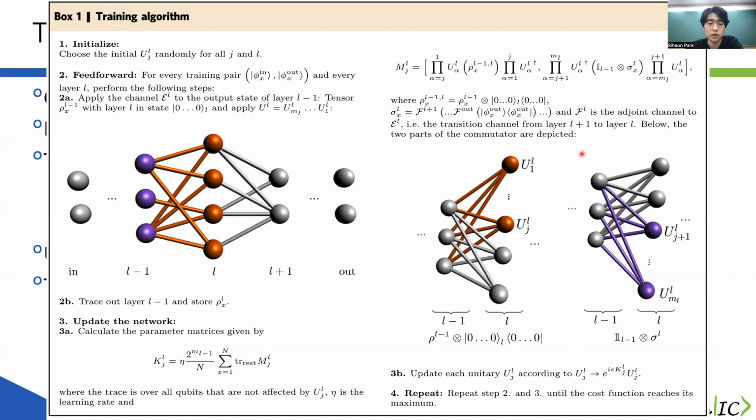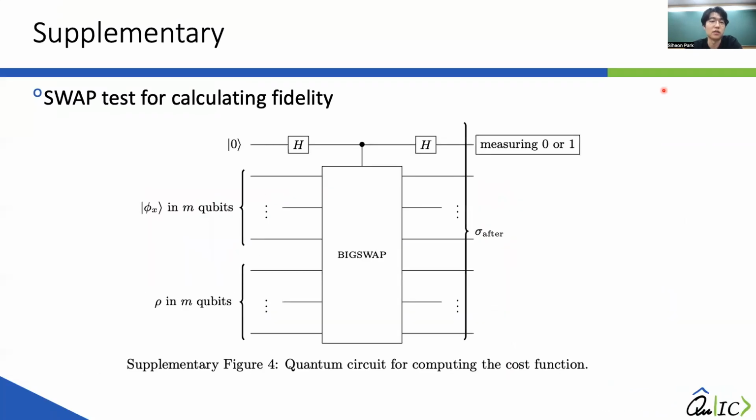So getting the state inside the commutator is relatively easy. Using this structure, we can calculate it, but the problem is simulating this commutator, right? That's also from the supplementary.